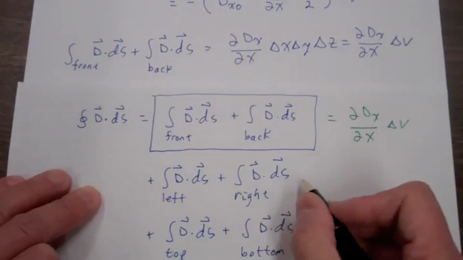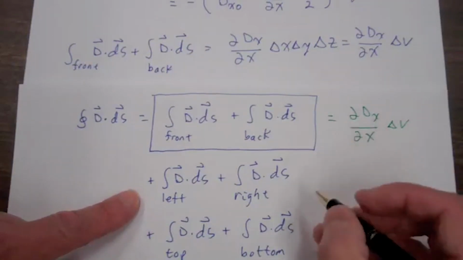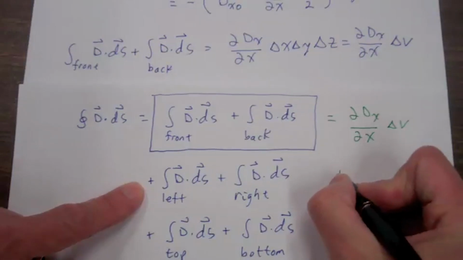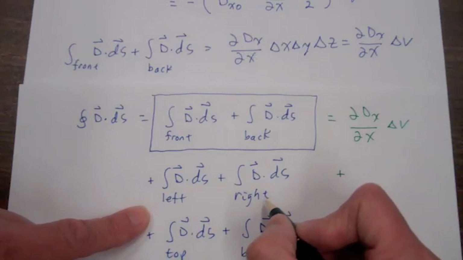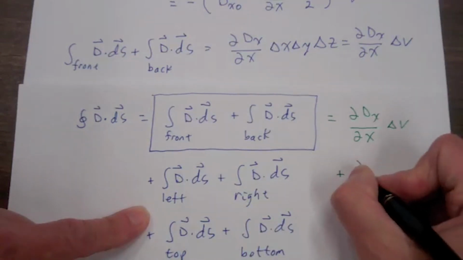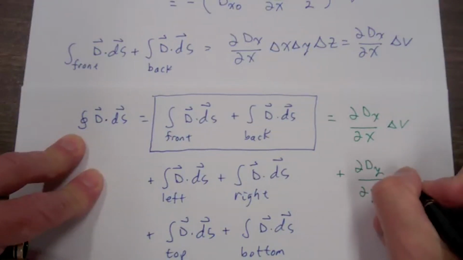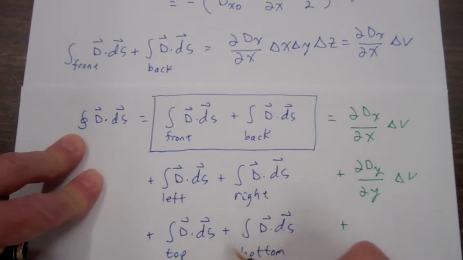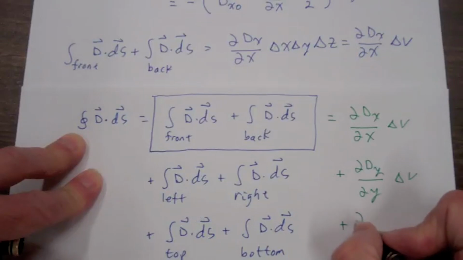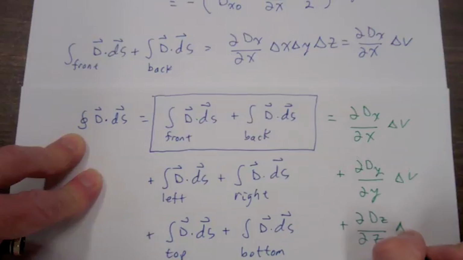And you could go through the same details or just figure out by inference that the integral of D dot dS over the left face plus the integral of D dot dS over the right face is the partial of D sub y with respect to y times delta v, and the integral of D dot dS over the top face plus the integral over the bottom face is the partial of D sub z with respect to z times delta v.